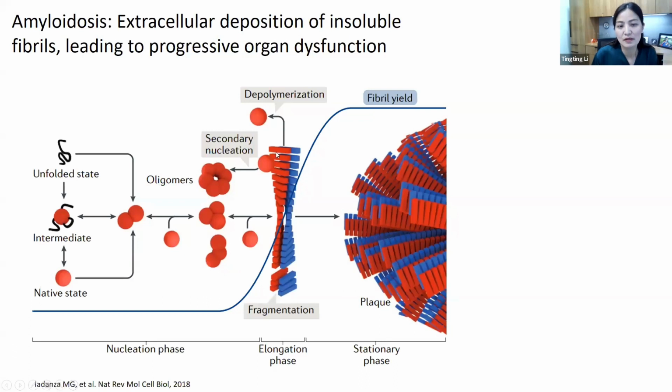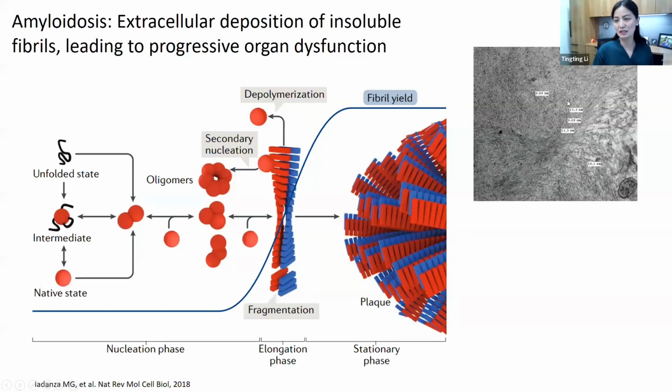Now, these fibrils can associate with themselves, and they can associate with other molecules in the surrounding area, including chaperone proteins such as serum amyloid protein. They combine and deposit in the extracellular tissue as very stable, insoluble structures that are very resistant to degradation.